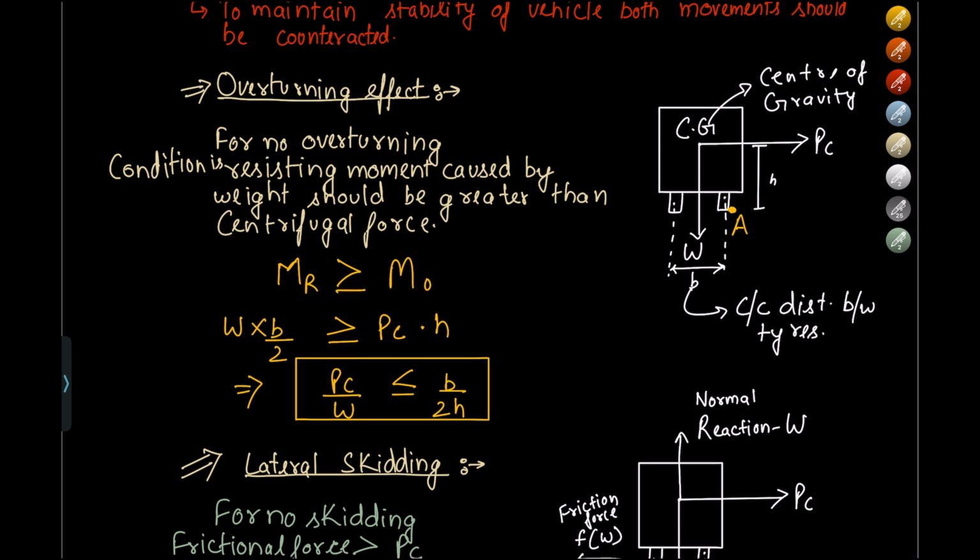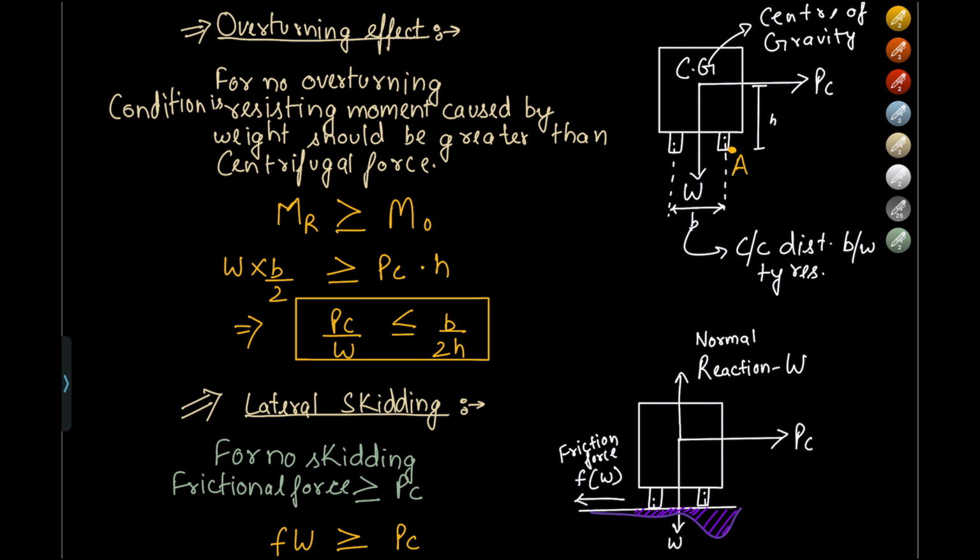For the overturning moment, the force trying to overturn the vehicle is PC. So it is at a distance of H, right? So PC into H should be less than W, the weight of the vehicle, times B by 2, which is half of the center to center distance between the tires.